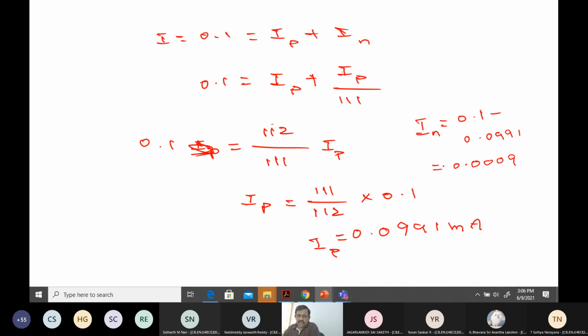Now look at the electron current compared to the hole current. You will see the electron current is 2 orders lower than the hole current.